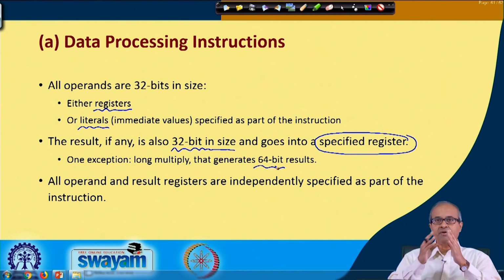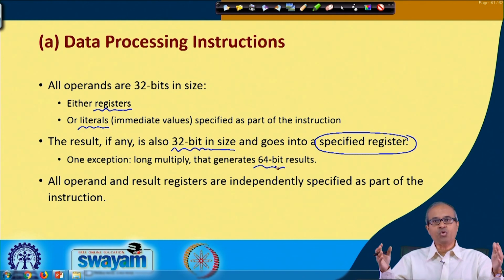Whenever we multiply two n-bit numbers, the result can become double in size. So, when you multiply two 32-bit numbers, the result can be maximum 64-bit in size. So, there is a version of multiply instruction where the result can be stored in two registers, 64 bits. This is an exception. Okay?